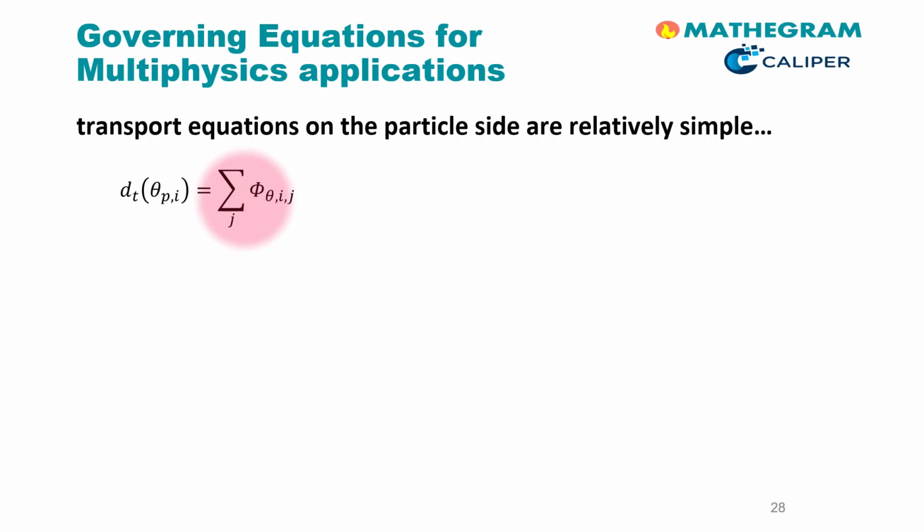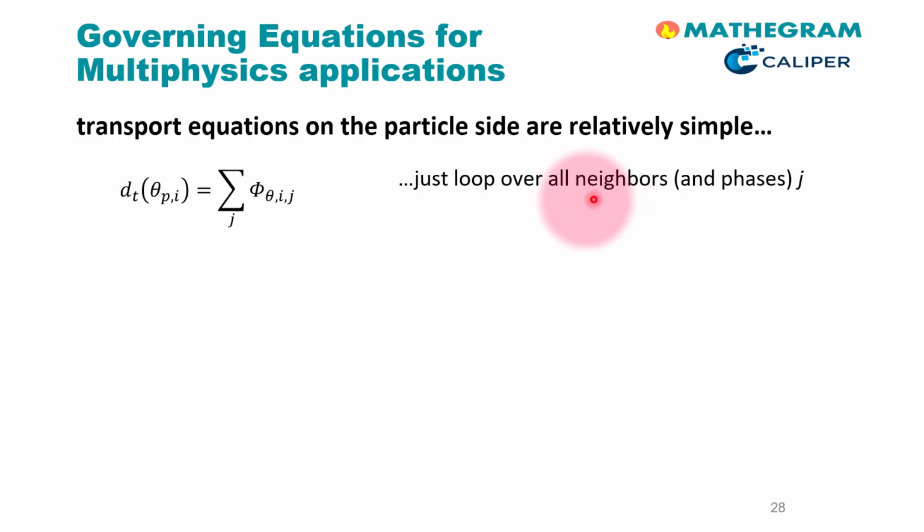For each scalar quantity, we have to write an ordinary differential equation with a sum of all source terms on the right hand side. Thus, we just have to loop over all neighboring particles and phases, with j being the running index, and sum up the sources or sinks.